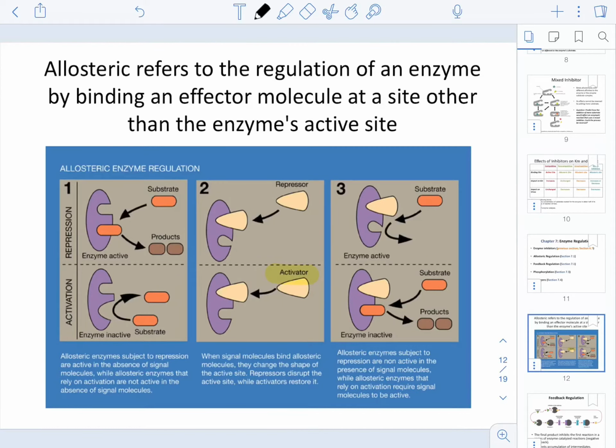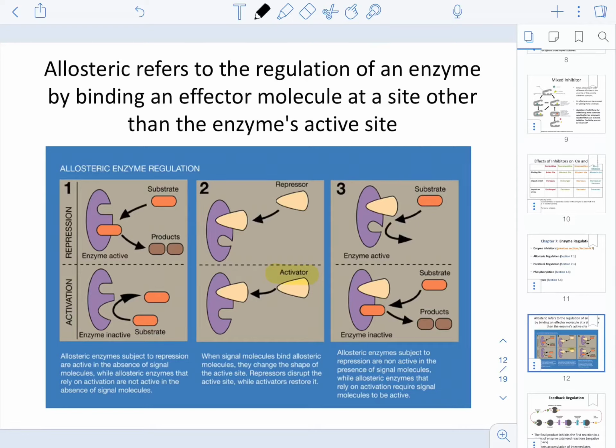In the last chapter, we discussed what allosteric site means. As a review, remember that allosteric refers to the regulation of an enzyme by binding an effector molecule at a site that is different from the active site of the enzyme.